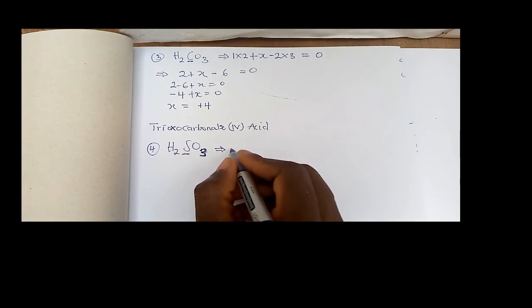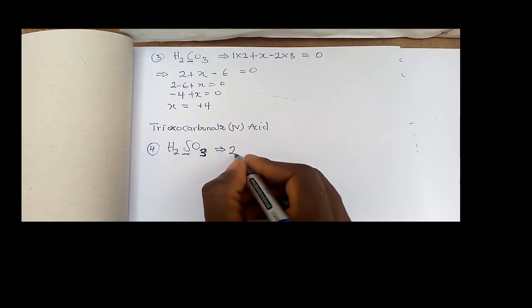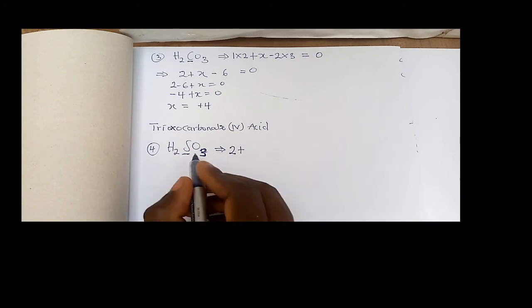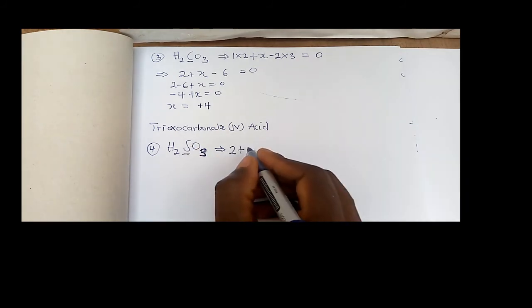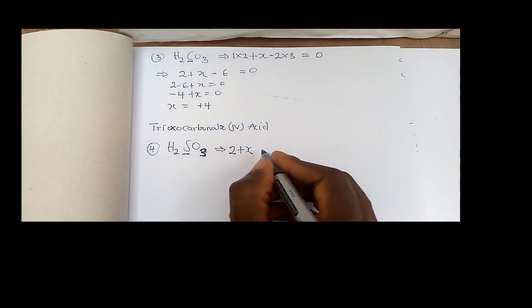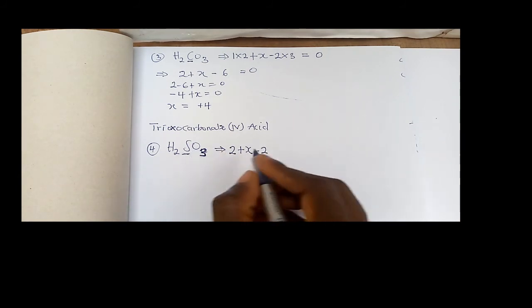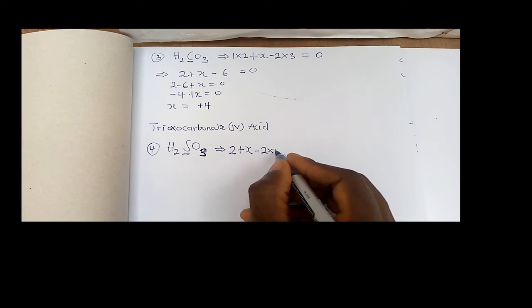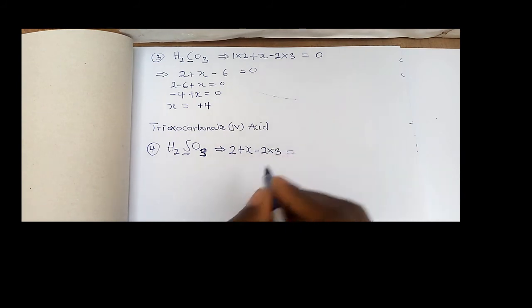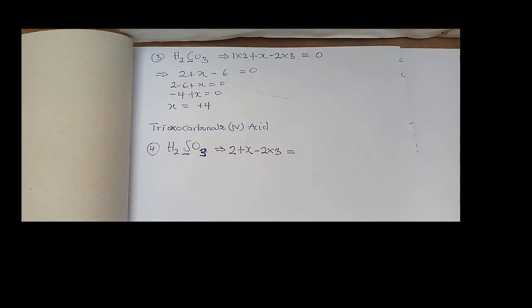So 1 times 2 gives us 2. Plus the oxidation number of sulfur, which we don't know, so we replace it with a variable x, minus 2, meaning -2 is the oxidation number of the oxygen here, times the subscript, that is 3 here, should be equal to, and this is very important, we should know the total oxidation number of the compound.